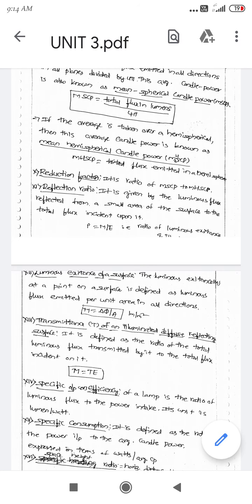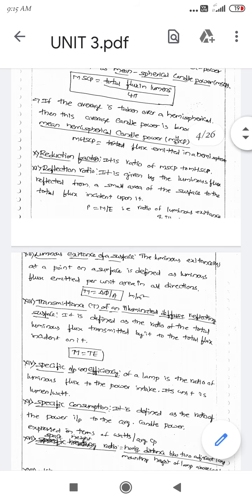Next definition, reflection ratio. It is given by the luminous flux reflected from a small area of the surface to the total flux incident upon it. Therefore, rho is equal to M by E. Next, luminous exitance of a surface.